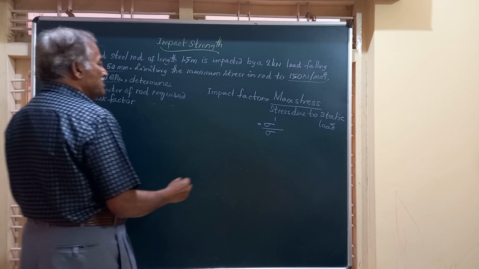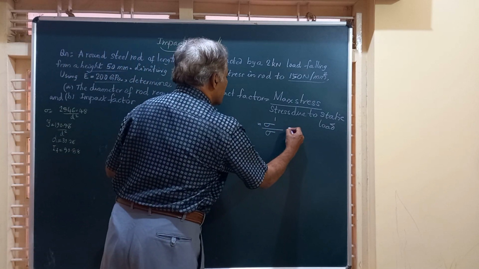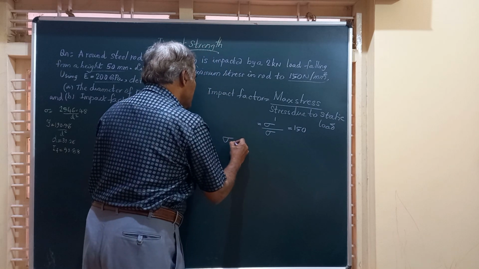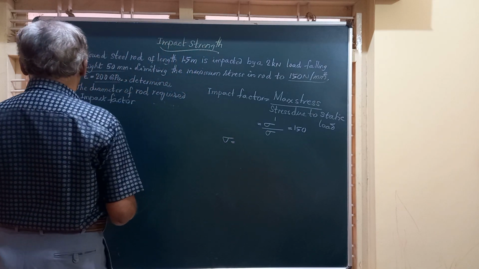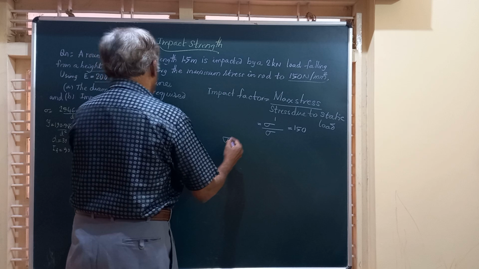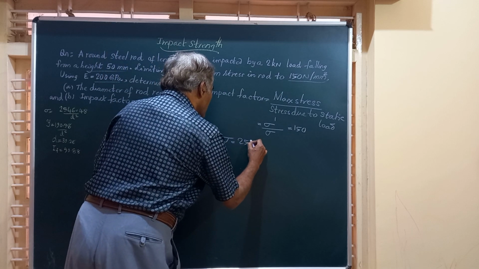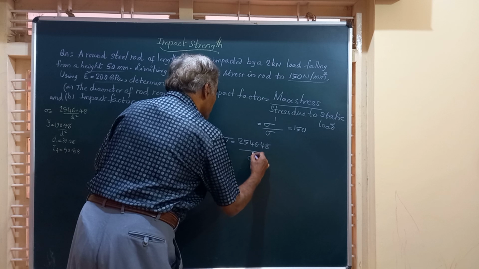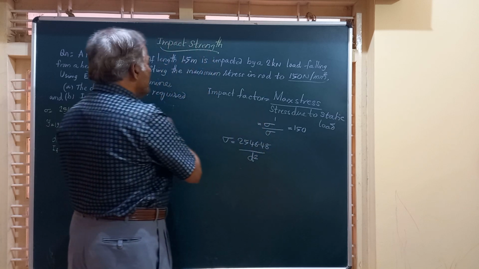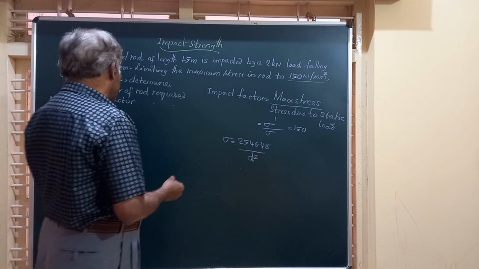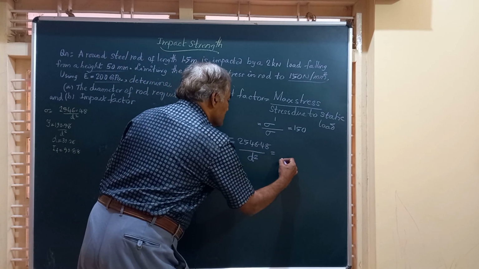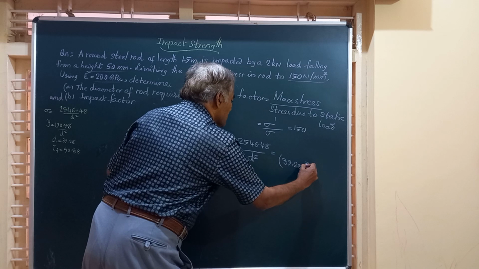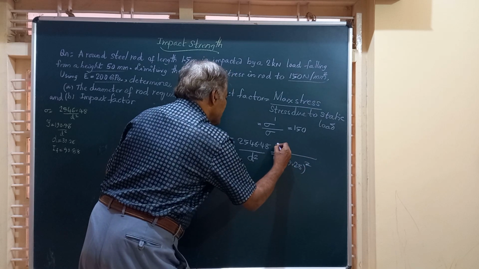Friends, we know the value of sigma dash is 150, and we have this sigma in terms of the diameter, that is 2546.48 by d square. We have got the value of d already as 39.28, so 39.28 square, and 2546.48 in the numerator.